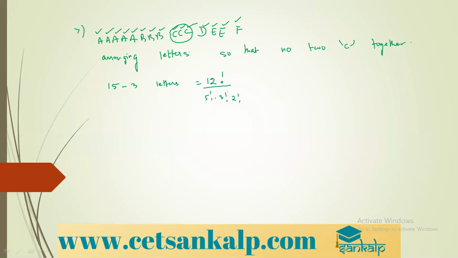But out of these, you have to subtract all those arrangements which have 2 C's together. Now, how many have 2 C's together?